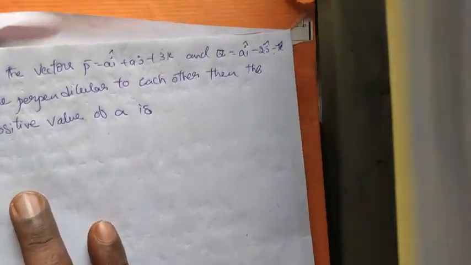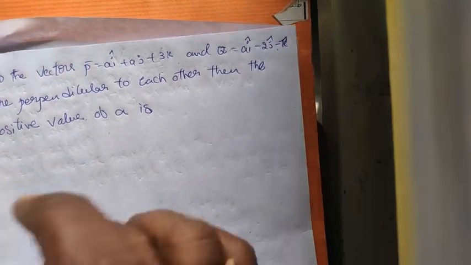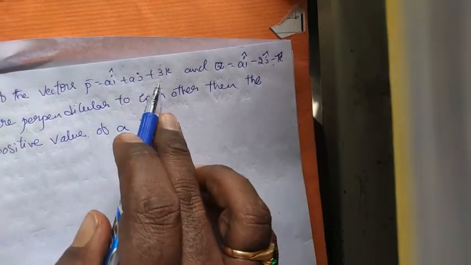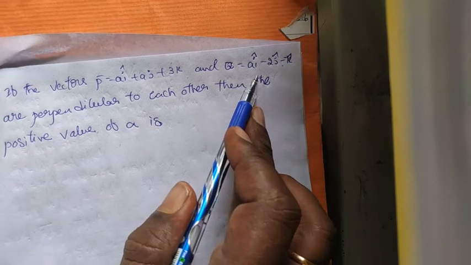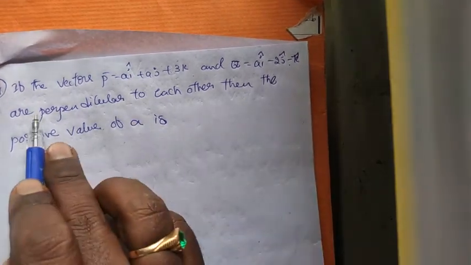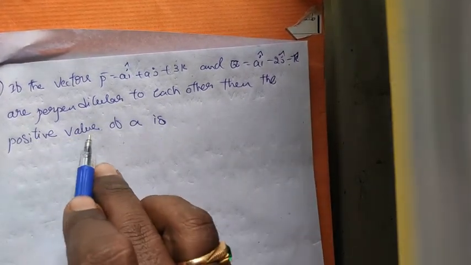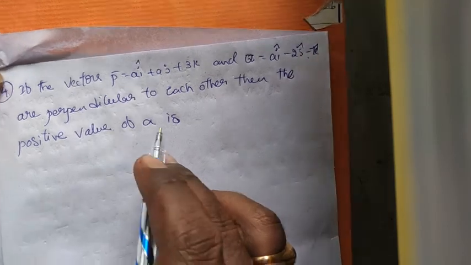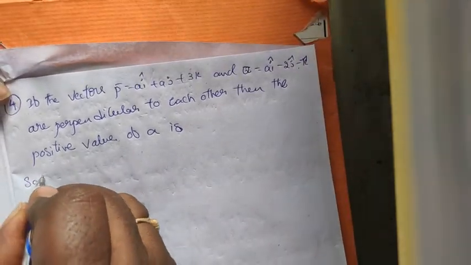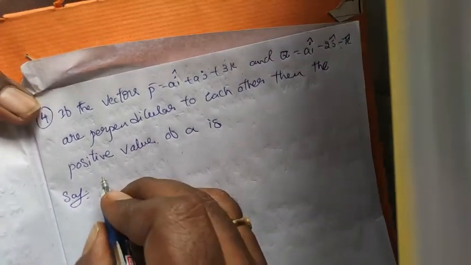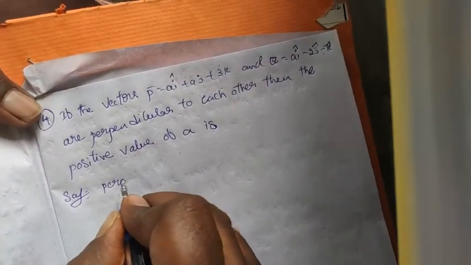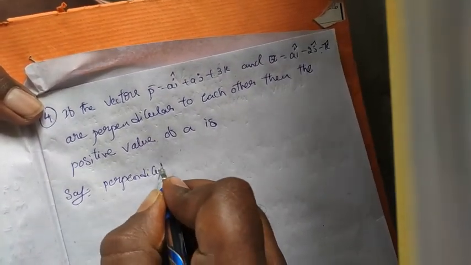Okay. Next question is, if the vector p bar is ai plus aj plus 3k and q bar is ai minus 2j minus k are perpendicular to each other, then the value of a is. Here also same. Whenever they ask about perpendicular, we have to do the dot product.